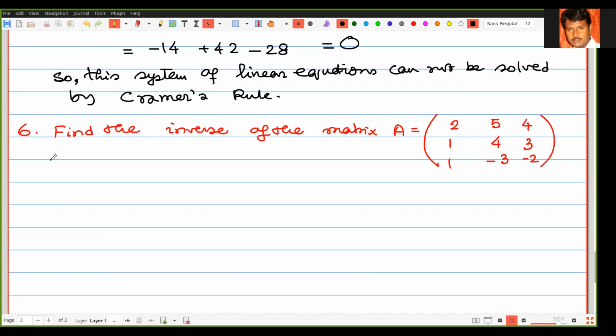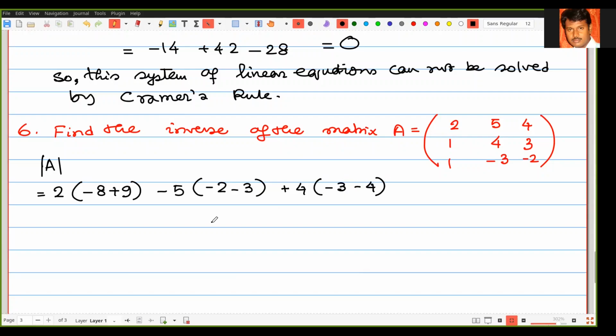So here at first we are finding the determinant value of the matrix. So determinant of A is equal to 2 into minus 8 plus 9, that means 1, then minus 5 into minus 2 minus 3, and then plus 4 into minus 3 minus 4, or 2 plus 25 minus 28, then that one is equal to minus 1, so not equal to 0.